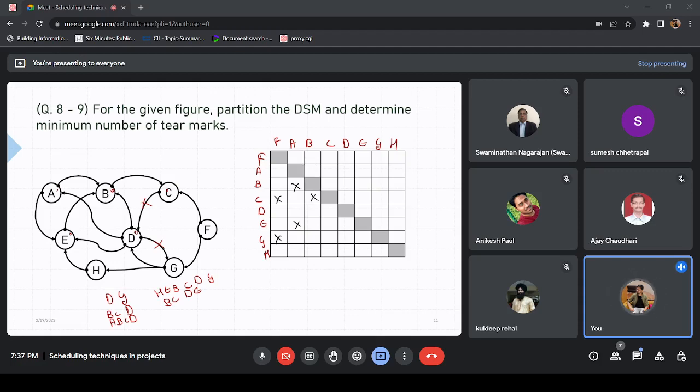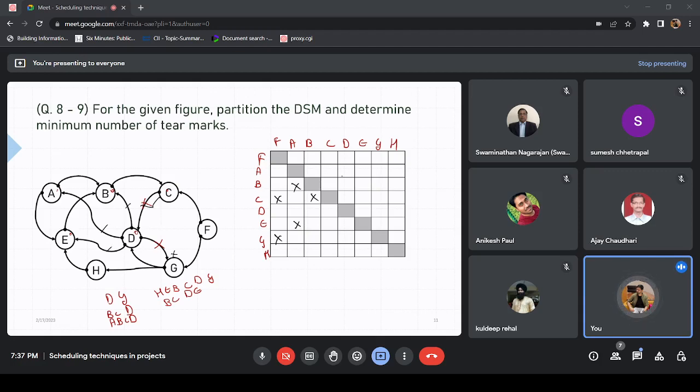C doesn't give any information now, right? We broke it. C was giving information to D, but we assumed it. Coming to D, D will give information to B, A, E, but not to G, right?